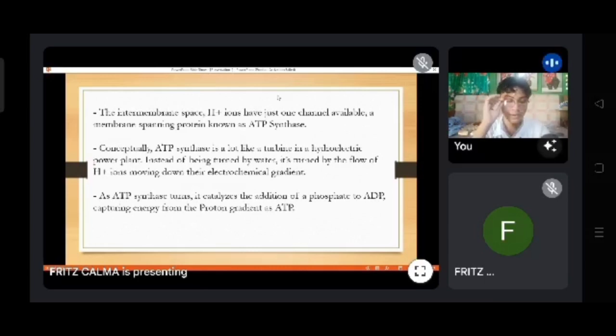Na kung saan pagkuha niya is just like the turbine in a hydroelectric power plant na instead of being turned by water, hydrogen ions yung pumapasok sa kanya. As ATP synthase turns, it catalyzes the addition of phosphate to ADP, capturing energy from the proton gradient as ATP.